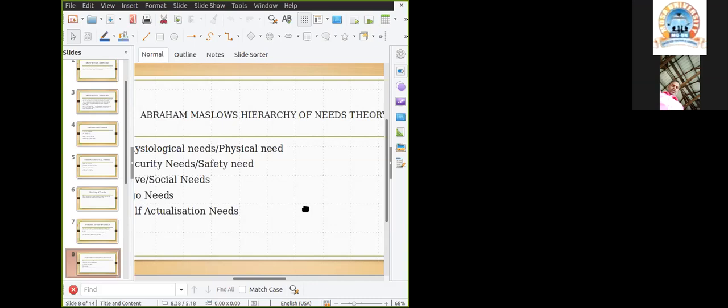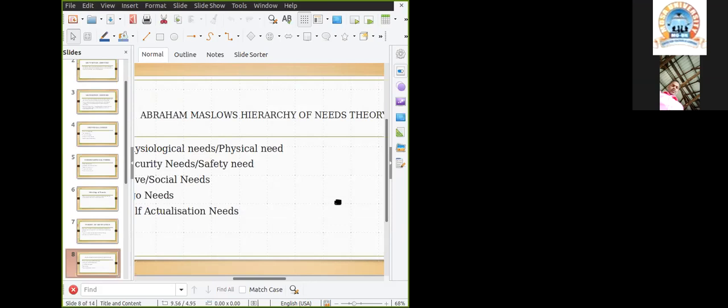Once one has met the physiological needs or the physical needs, then that person will develop another type of needs. These needs are called security needs. Security needs also have another name. They're also referred to as safety needs.